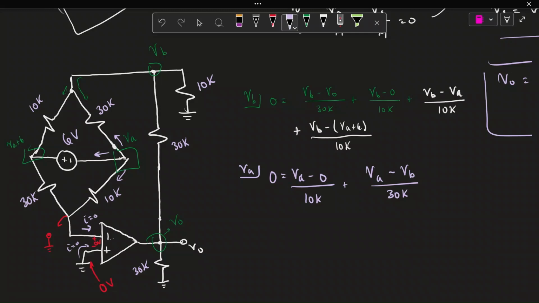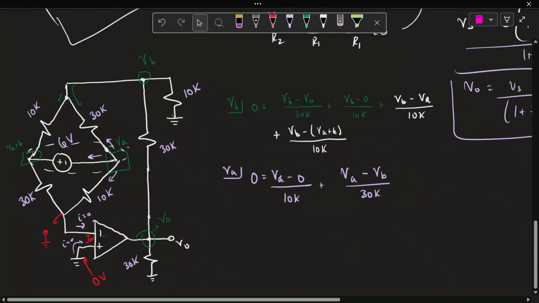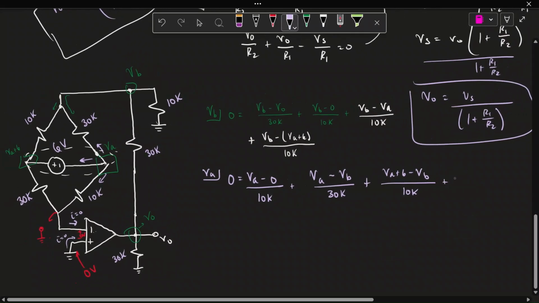I guess minus. That's VA plus 6. Yeah, VA. Oh, that would just be a supernode, right? Yeah, what am I talking about? I'm getting tripped up over this. We would create a supernode here. So now we actually have VA, and we have VA plus 6. Sorry, that was a brain fart. Holy moly, it's been a while, I guess. Plus VA plus 6 minus VB, we're going up from VA plus 6 through the 10K ohm. And then finally we have VA, or plus V.